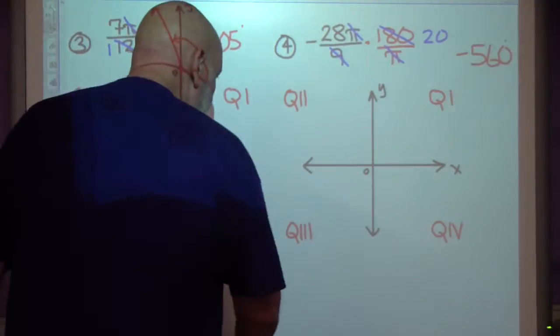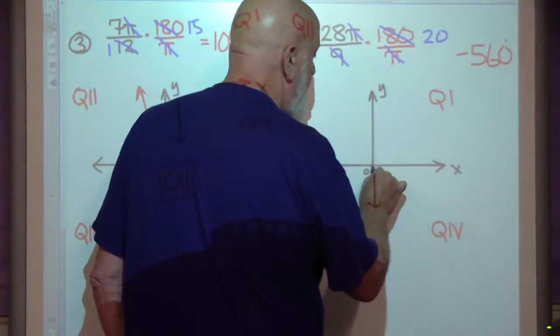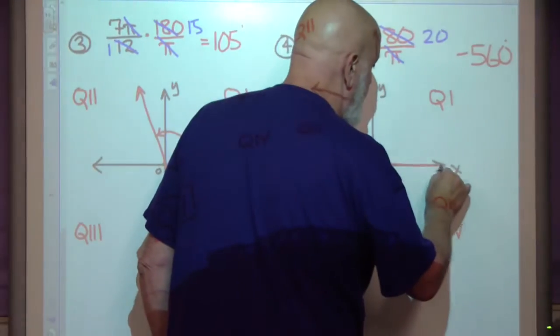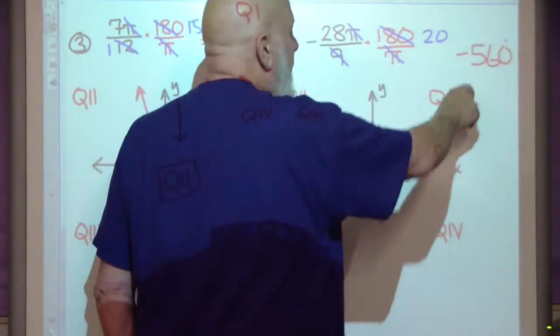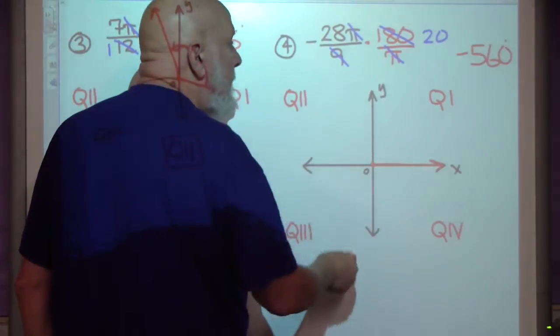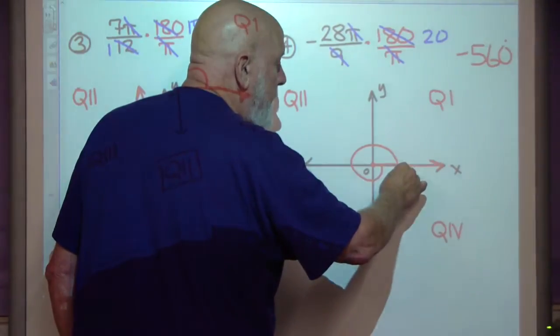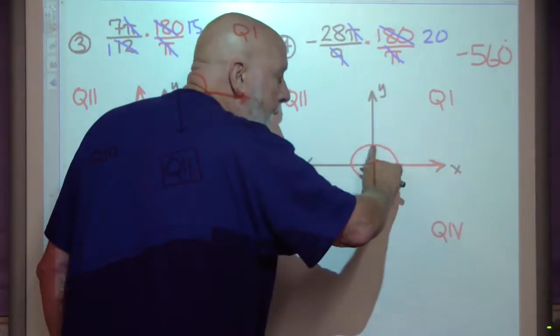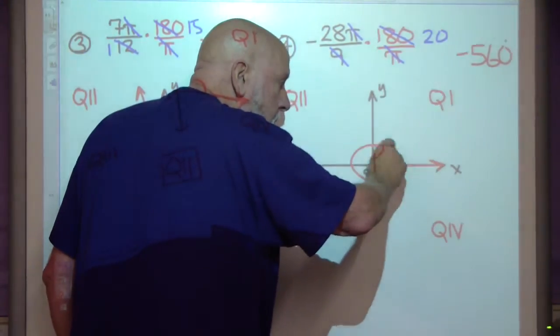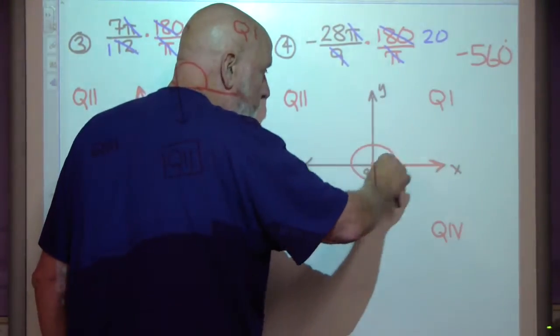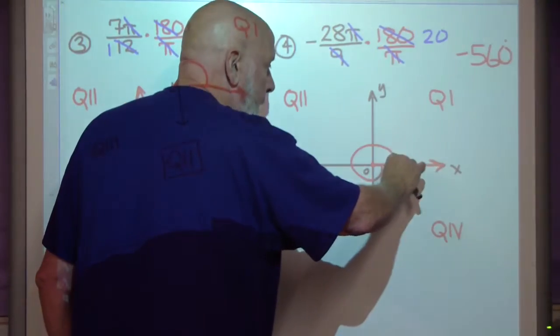So here we go. My initial side is the positive x-axis. I want to rotate in a negative direction, 560 degrees. Well, here's 360. This is just the direction of rotation. There's the arrows going this way. It's not supposed to be a circle, it's just indicating which direction I'm rotating.